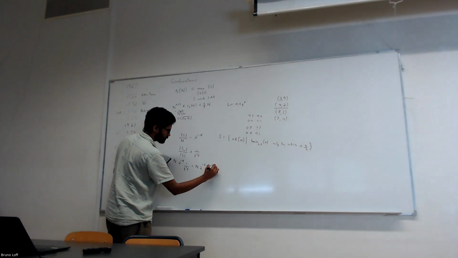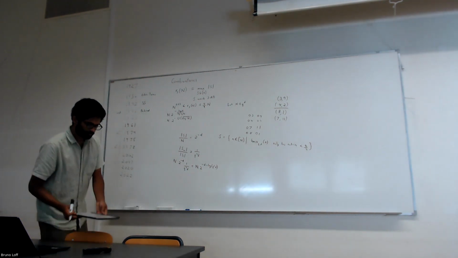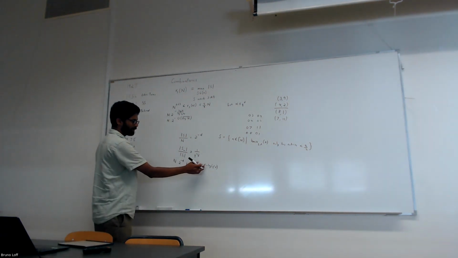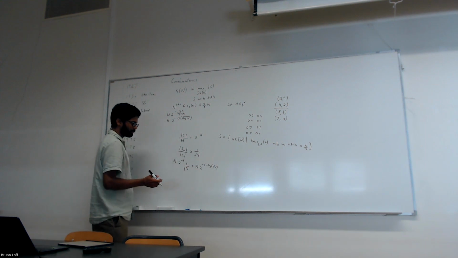If we want this to be maximized, we want d to be approximately equal to log of q squared.